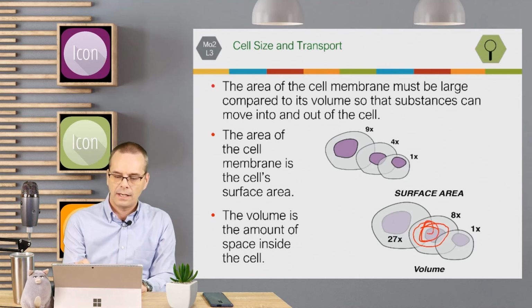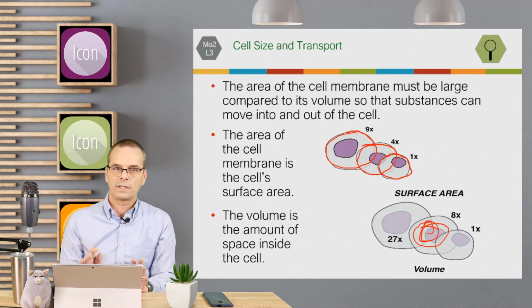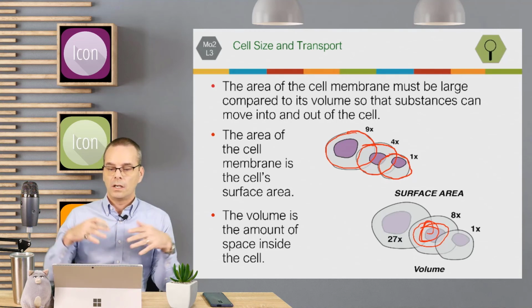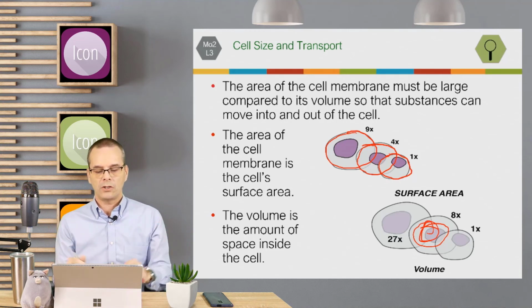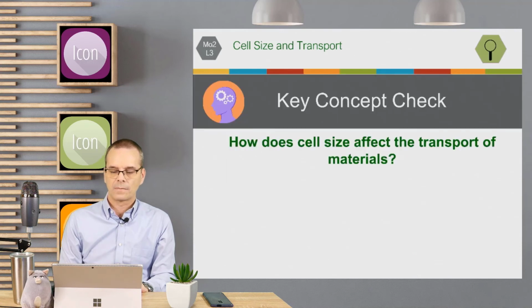And the cell membrane is the surface area, right there. So those are all the surface area of a cell membrane. So the area of the cell must be much larger compared to its volume, what's on the inside.